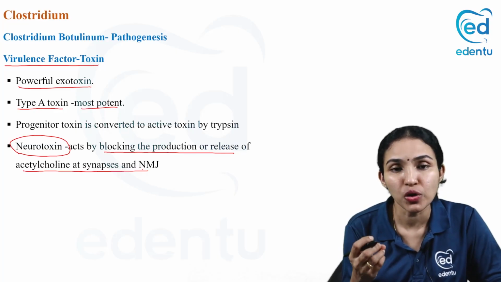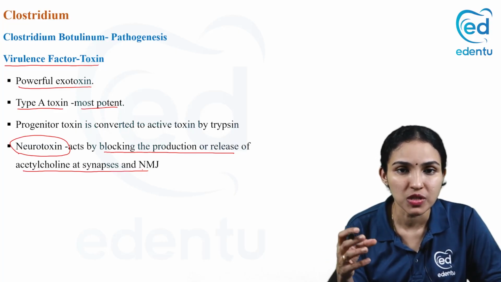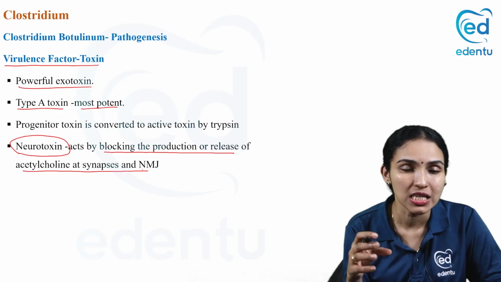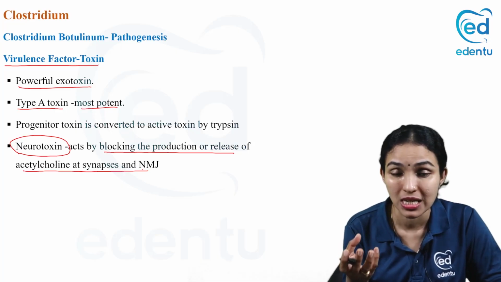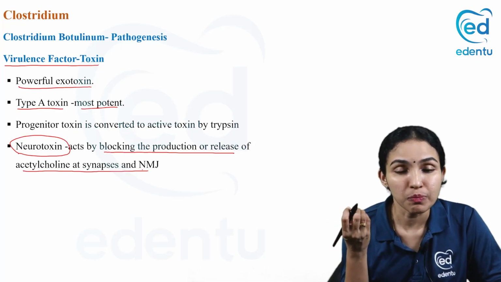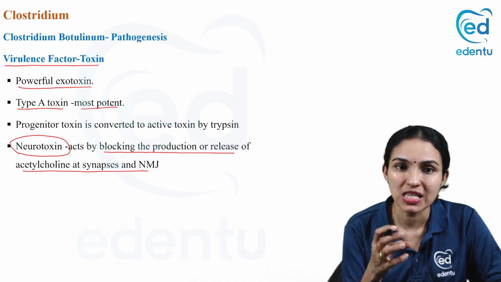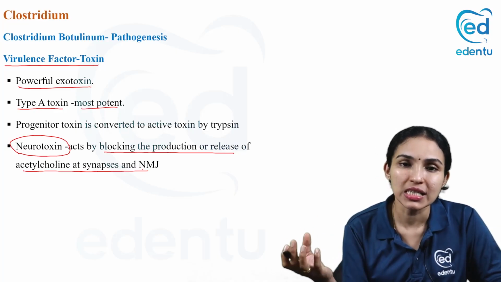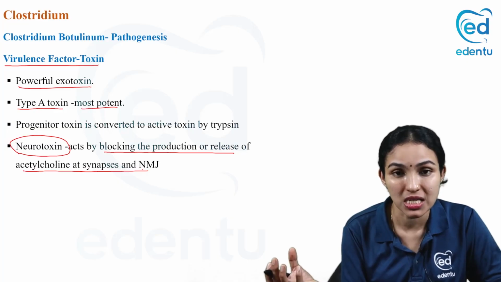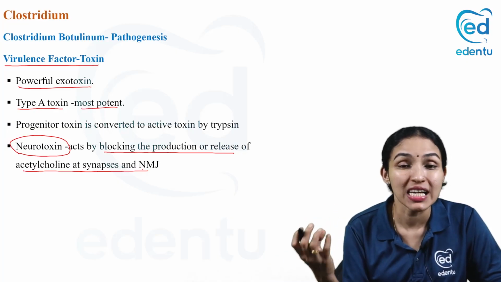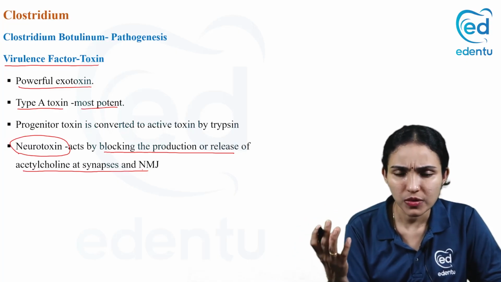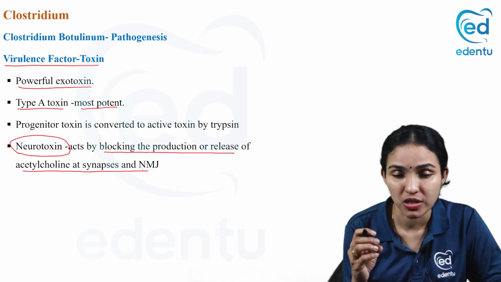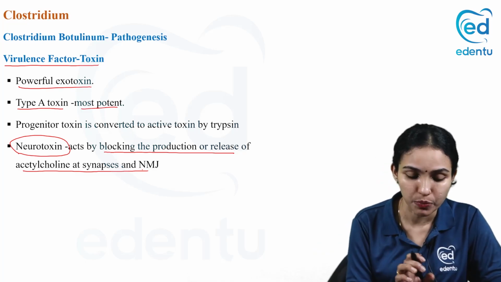If this is blocked, there is inhibition of transmission of signals. No excitatory stimulus reaches the muscles, so there will be muscle flaccidity and paralysis. This is what happens in botulism: flaccid paralysis.